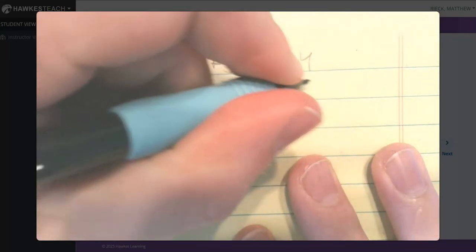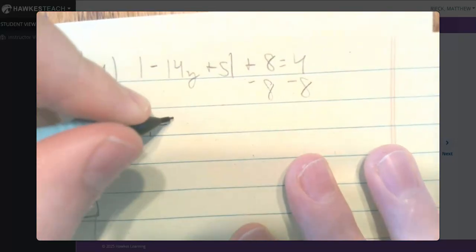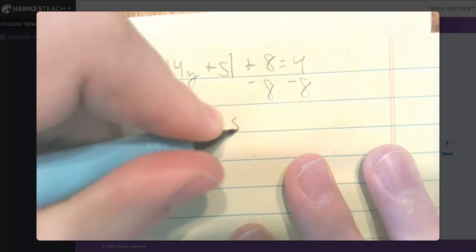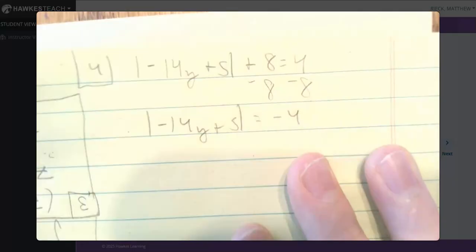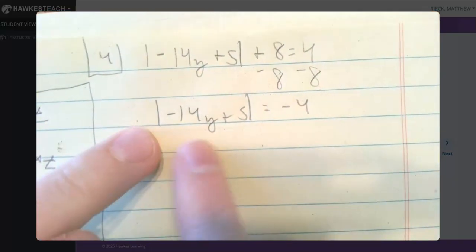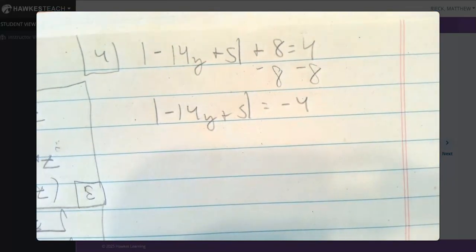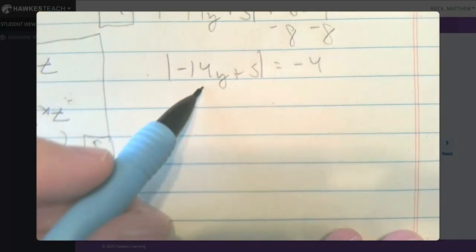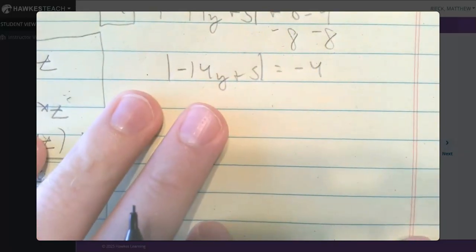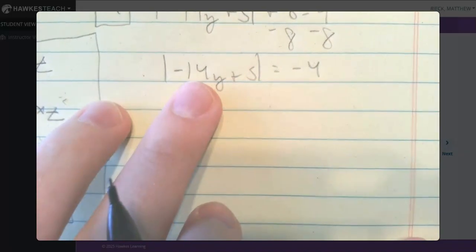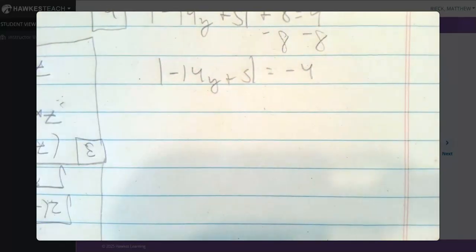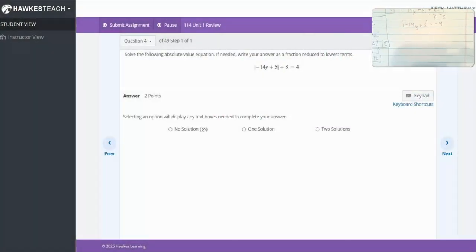So here we're going to subtract an 8 from each side. So here you have the absolute value of 14y plus 5 equals -4. Which again, remember the absolute value is a distance. And in mathematics, distances can never be negative. All right, so that means that the absolute value can never be a negative number. So there's no value for y that makes this whole thing equal -4. So in this case, there is no solution, or the empty set.